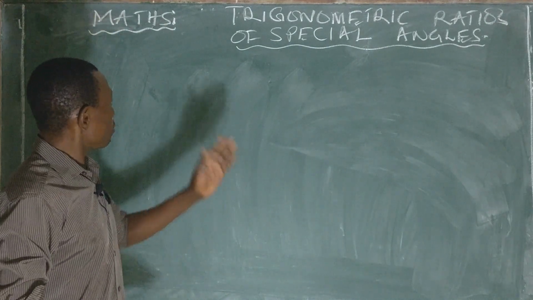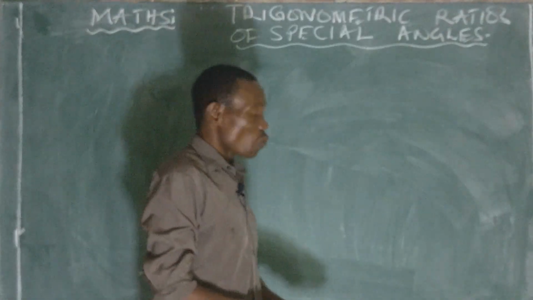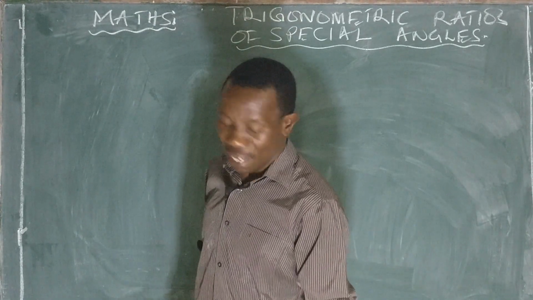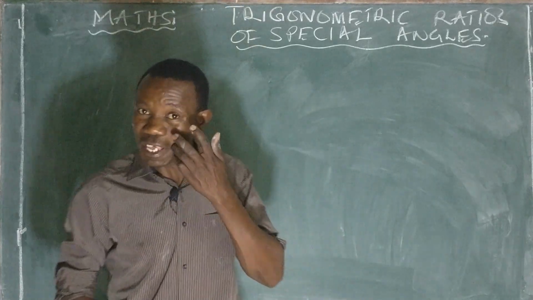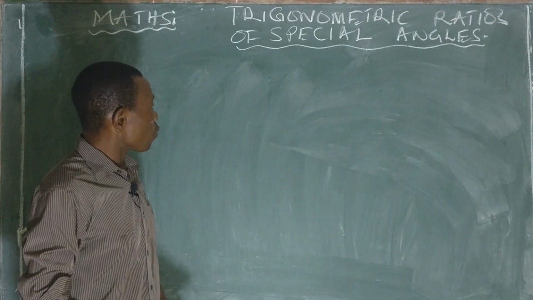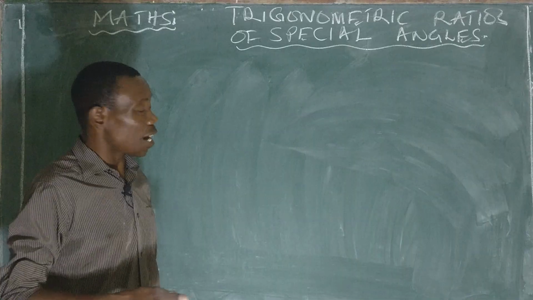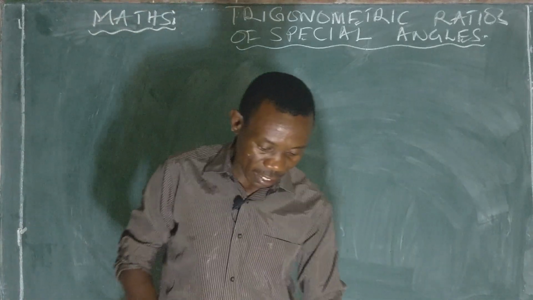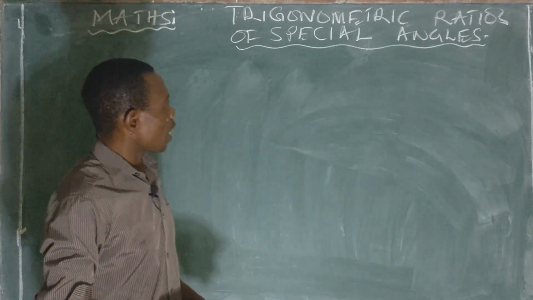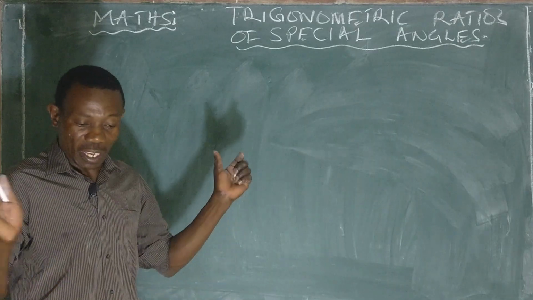As indicated on the board, we are to work on the trigonometric ratios of special angles. There are some problems in mathematics where you may be asked to work on them without using a calculator. In such cases, you'll be given problems dealing with angles which we call special, and you are encouraged not to use the calculator.